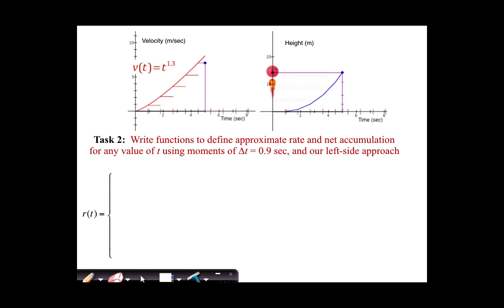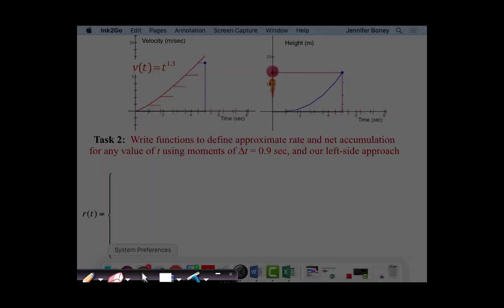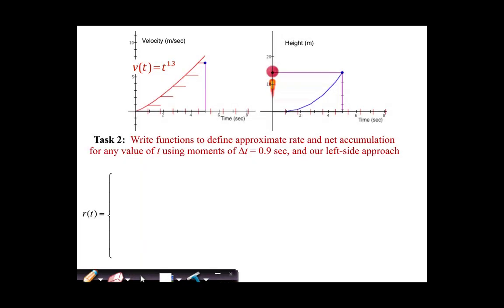So think about how I explain this approximate function, the one given by these horizontal line segments. There's a long way to write it, and there's a short way to write it. The long way is just like what we did last time: I'm going to use the value of my actual function here, v of t or r sub h of t.